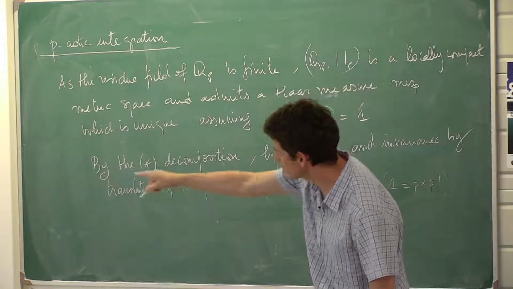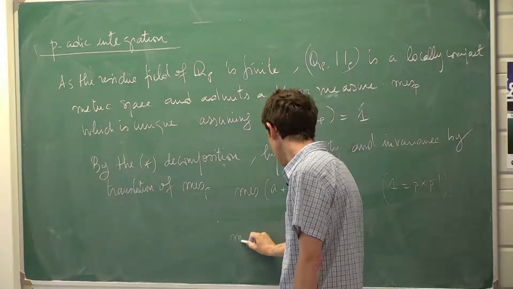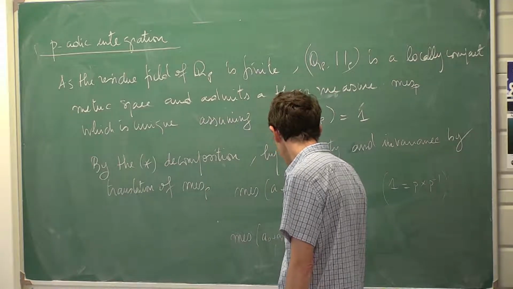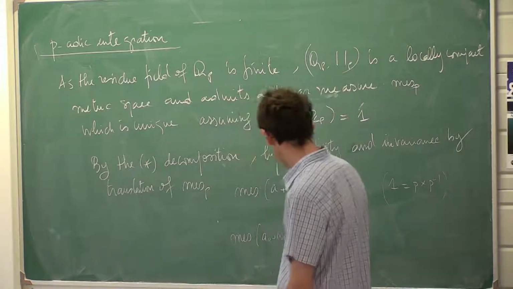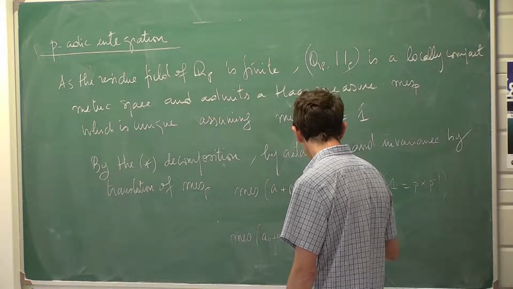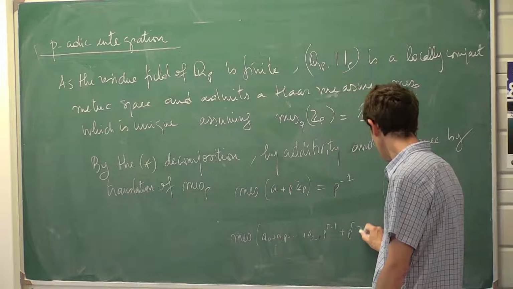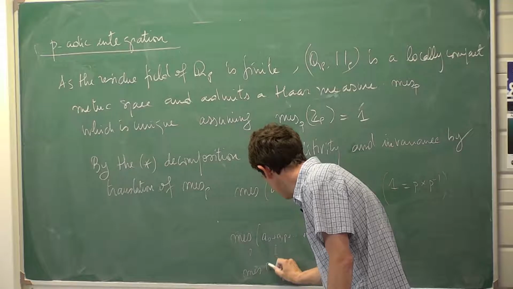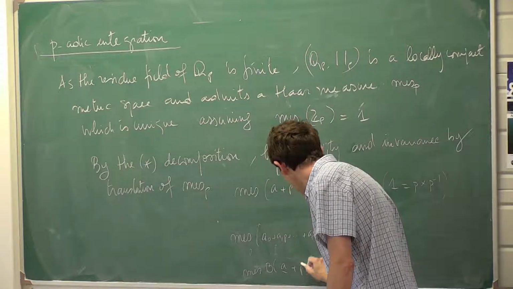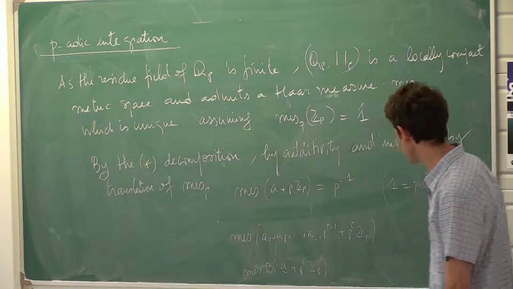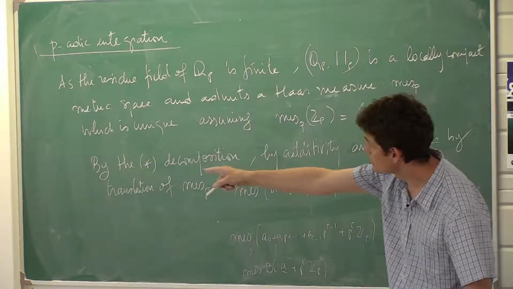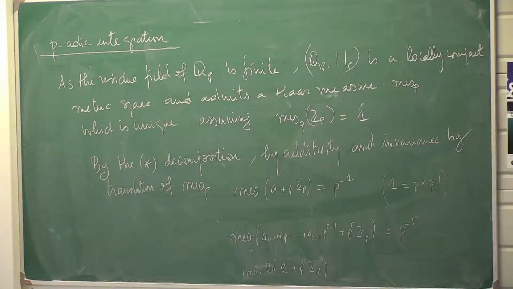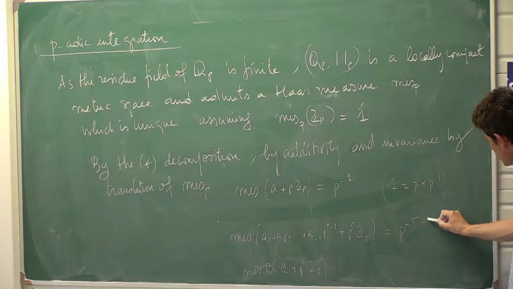And more generally, using the second decomposition, the measure of a_0 plus a_1 p plus etc. a_{r-1} p^{r-1} plus p^r Z_p, which is the measure of the ball written like this, should be equal, if you look at what I have written, to p^{-r}. So it's always p to the minus the radius of the ball.